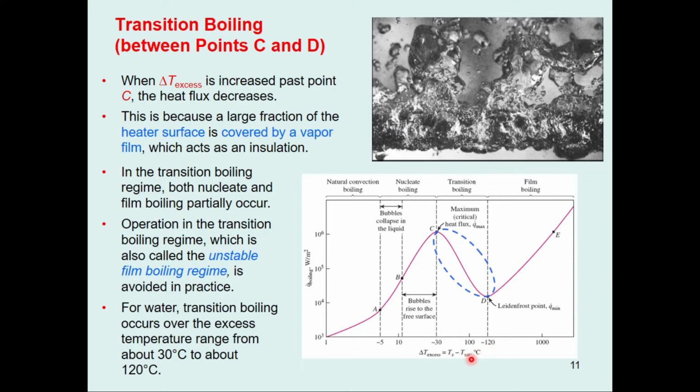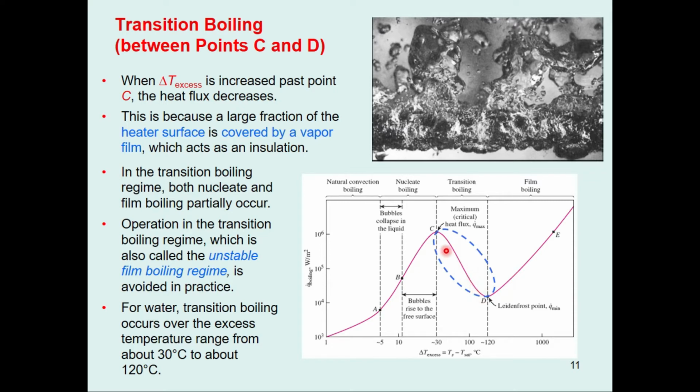In the previous slide we have seen that if the surface temperature is 180 and the saturation temperature is 100, this lies in the range of transition boiling. So the boiling curve is saying that when we increase the delta T excess in the transition boiling, the heat flux from the heating surface to the liquid will decrease. So the heat flux decreases in the transition boiling.